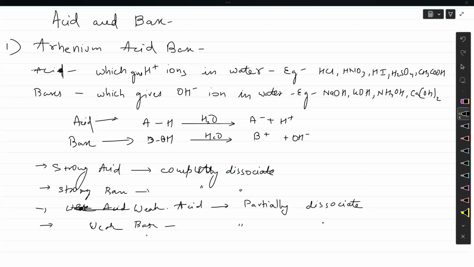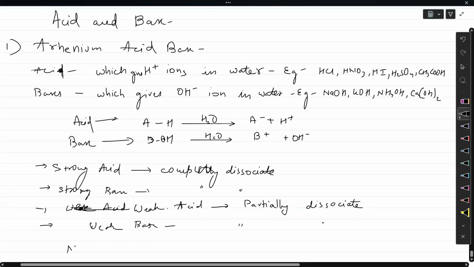But according to Arrhenius, there are some limitations as well. For example, NH3, which we know today is a base, Arrhenius does not take as a base.